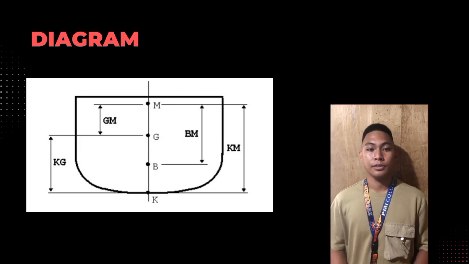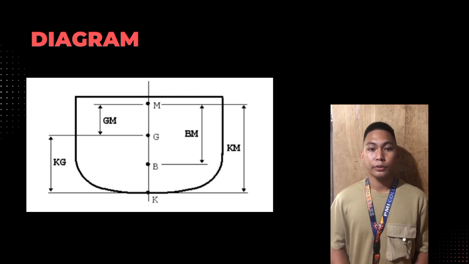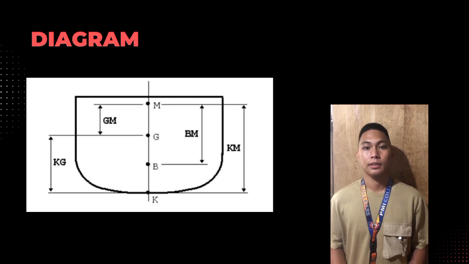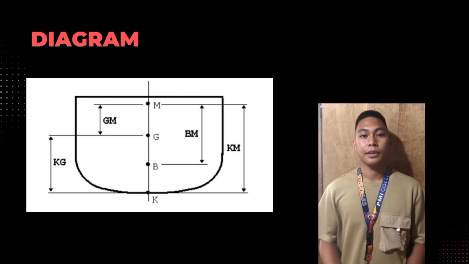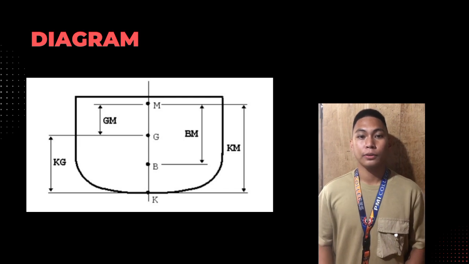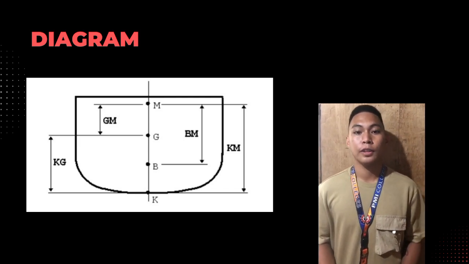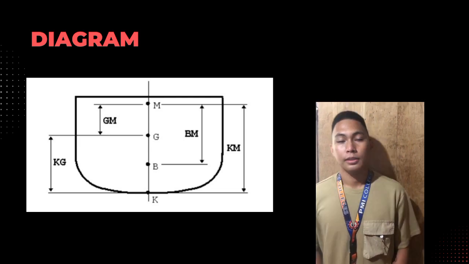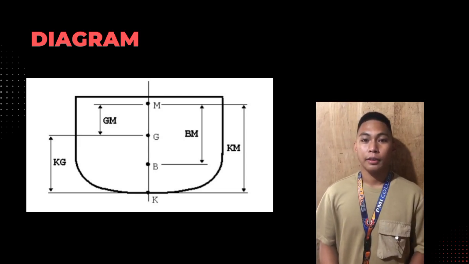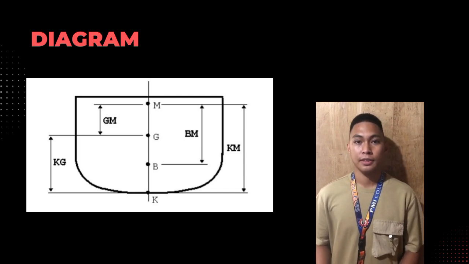Next is G, or the center of gravity, the point through which the downward weight of the vessel acts. Third one is B, or the center of buoyancy. This is the point through which the upward buoyant force acts, or the centroid of the displaced water volume. Last is K, the lowest point, representing the vessel's keel, the baseline for measurements.